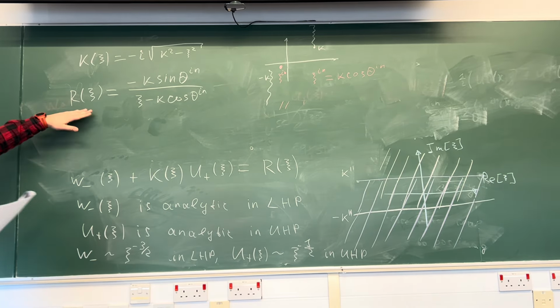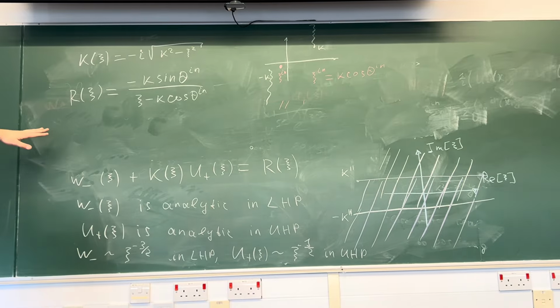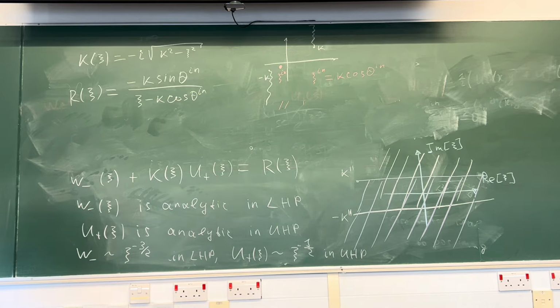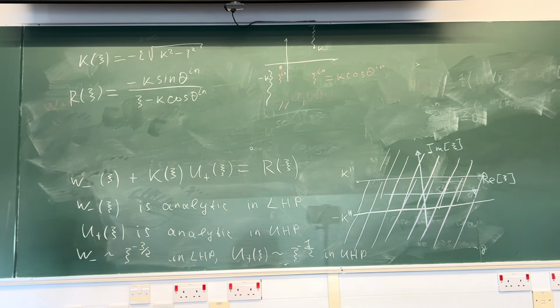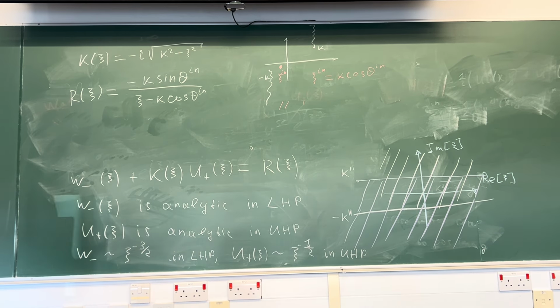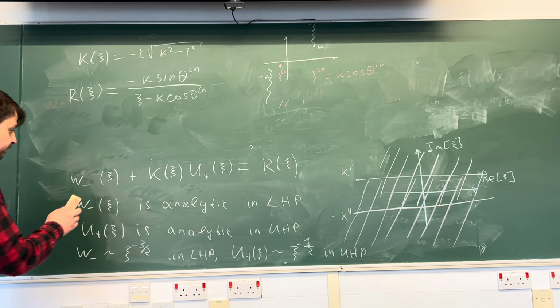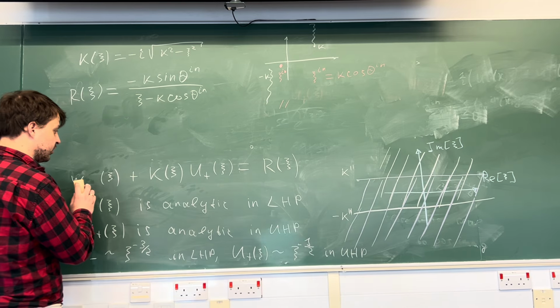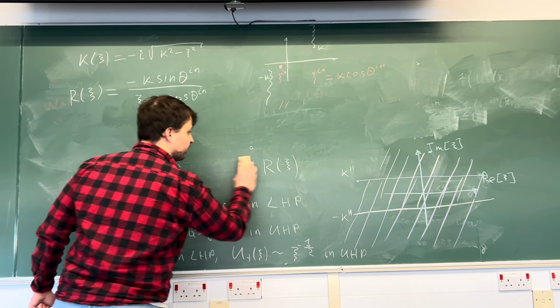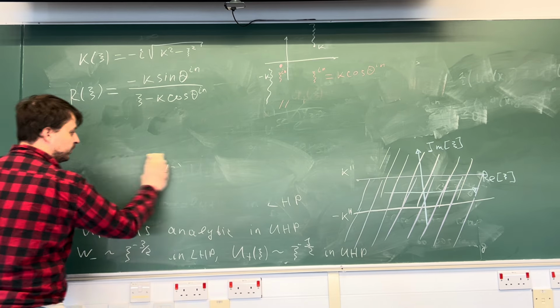So this function is analytic in the upper half plane and has a pole in the lower half plane. It's quite a simple function. And we are coming to the climax of our lecture. We are going to solve the equation.